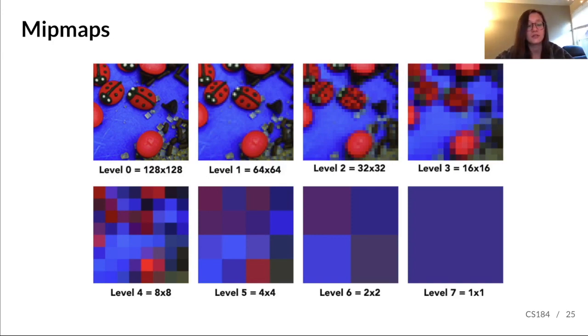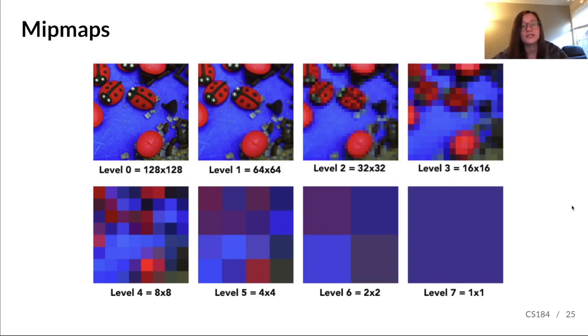Level 0 is the largest resolution texture that we have. Level 1 is lower resolution and therefore also has lower frequency, and we can continue making the resolution lower and lower until we get to a 1x1 texture.